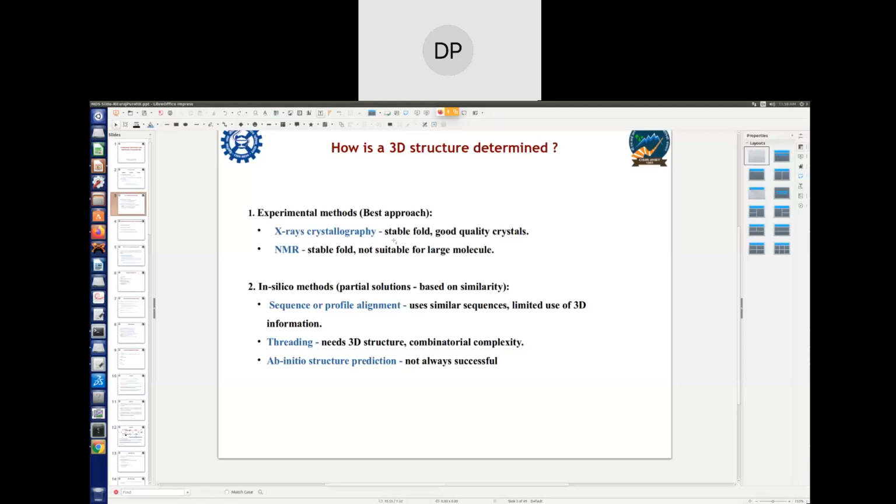But if you cannot perform X-ray or NMR, we have computational techniques, and through them you can get the structure. So that is protein sequence or profile alignment, threading, and ab initio structure prediction. I'm not going in depth into that because I need to cover MD simulation. I'm just giving a brief of all these techniques to start.